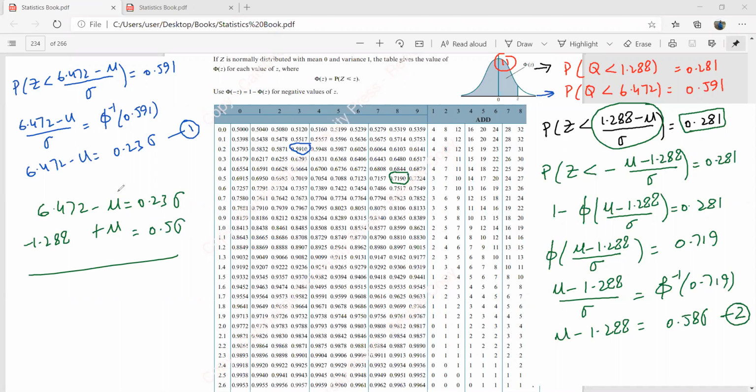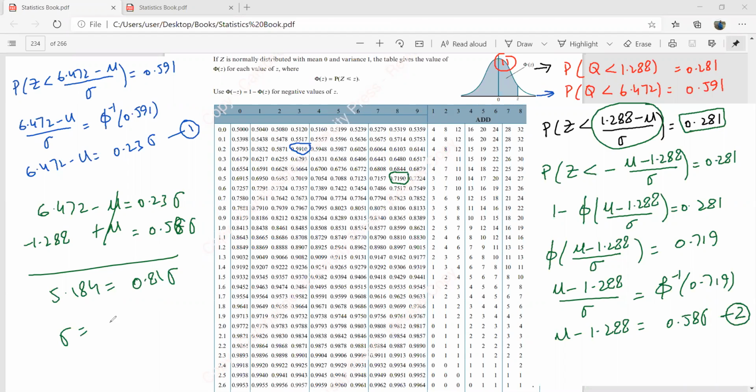When you add these two together, I have 6.472 minus 1.288, which is 5.184, and this is 0.58 sigma here. So 0.23 plus 0.58 is 0.81 sigma.